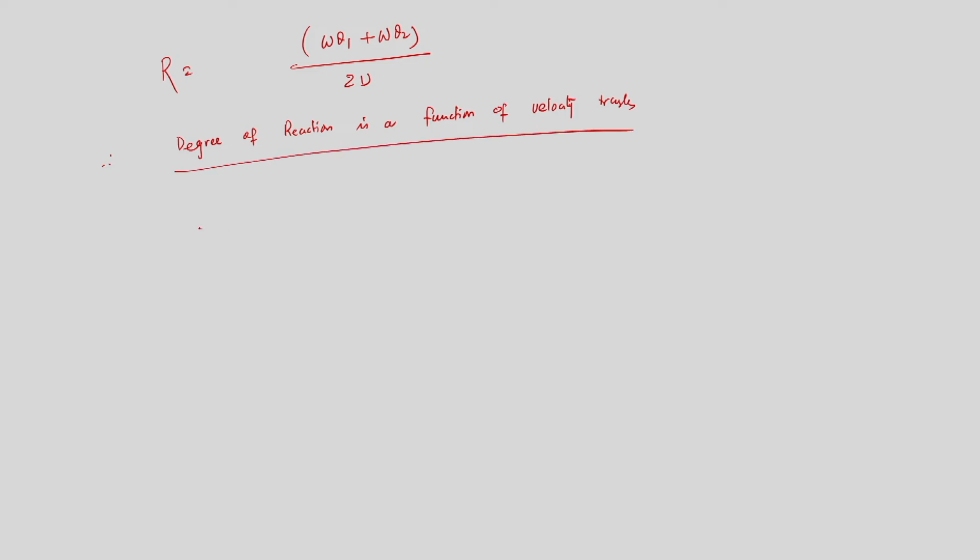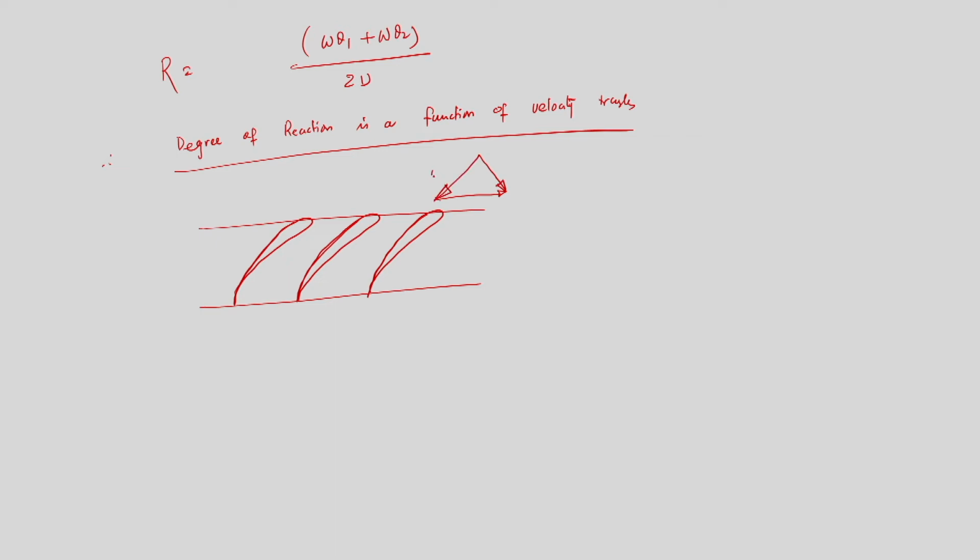Now, if I try to express this, suppose we have a rotor, suppose we have blades, and if we draw the velocity angles, say this is u1, this is c1 and this is w1.